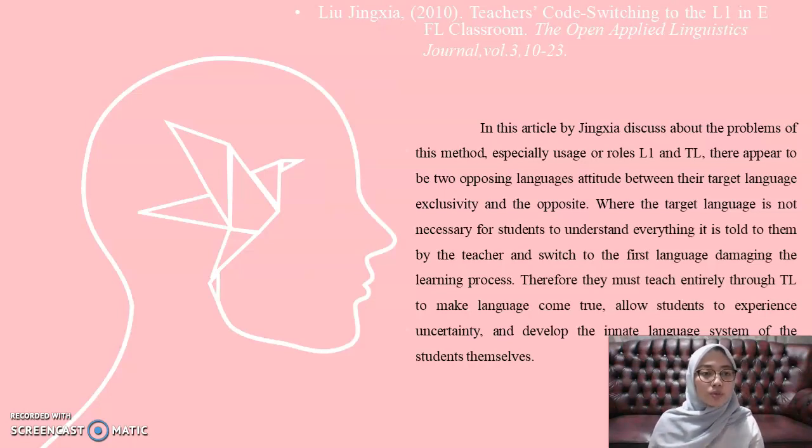There appear to be two opposing views between target language exclusivity and the opposite, where it is not necessary for students to understand everything taught by the teacher, and switching to the first language damages the learning process. Therefore, they must teach entirely through TL to make the language real, allow students to experience it, and develop the innate language system of the students themselves.